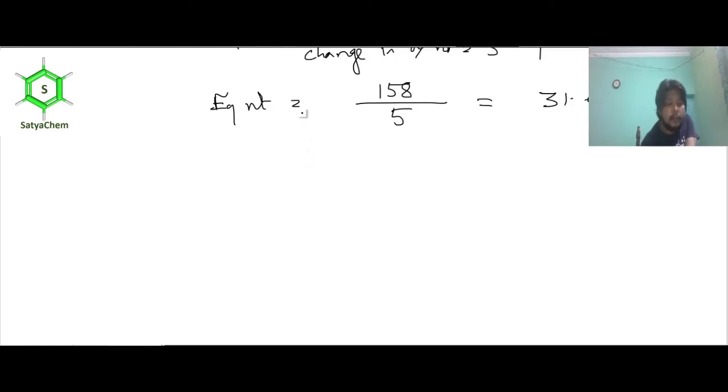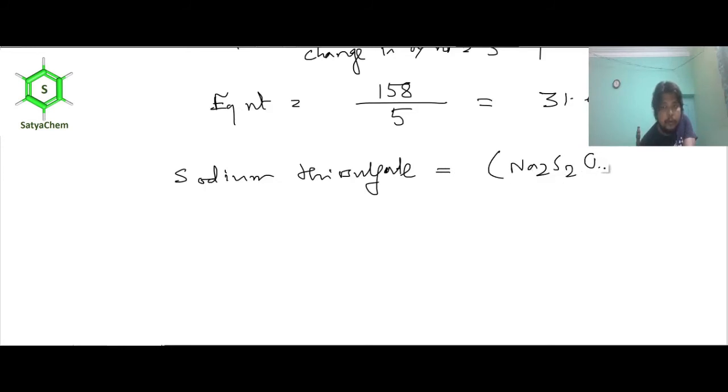Now I'll give you a complicated example, the equivalent weight of sodium thiosulfate. How to calculate the equivalent weight of sodium thiosulfate by the oxidation number method. Sodium thiosulfate is Na2S2O3 5H2O, with crystal water.